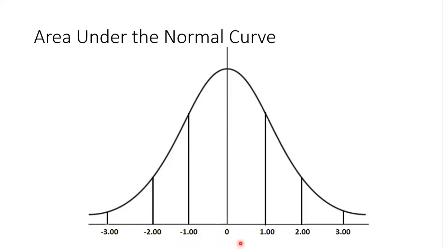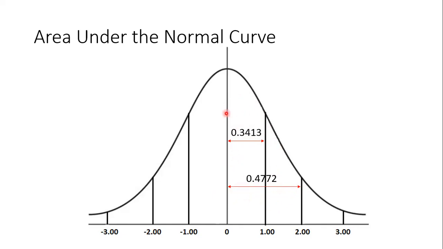So, we will now be identifying the area under the normal curve. Now, the area bounded by 0 and the value 1.00, ito pong entire area pong ito, yung na-enclose nila, is equal to 0.3413. This area is also the same as the area bounded by 0 and negative 1.00. Now, from 0 up to 2.00, the area is equal to 0.4772.